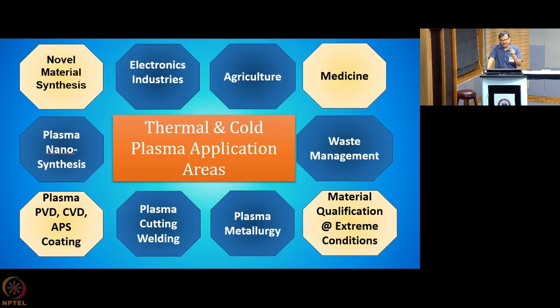There are very novel applications where you need a coating that can withstand a very harsh environment and protect the material. Not only will it protect, it may act as a thermal barrier coating, an environmental barrier coating, or a corrosion resistance coating. So APS coatings are very useful in many important industries.